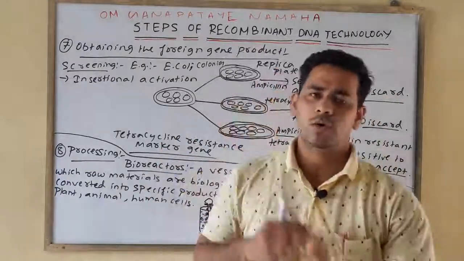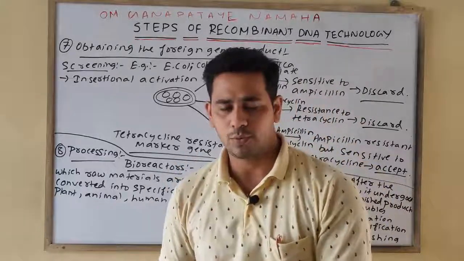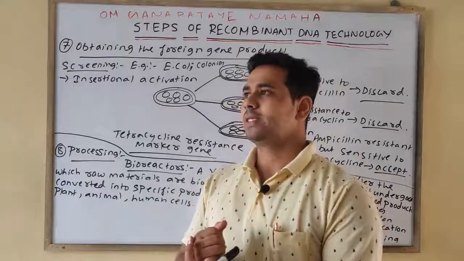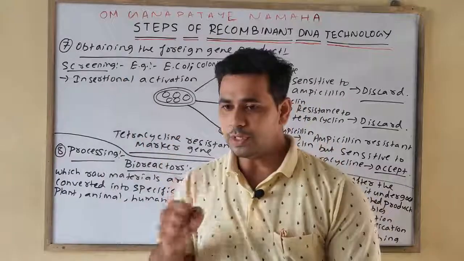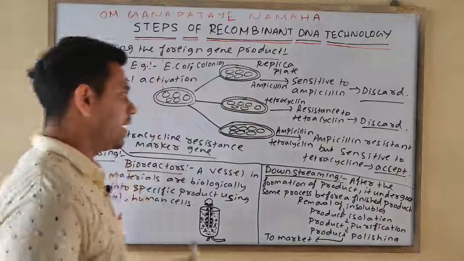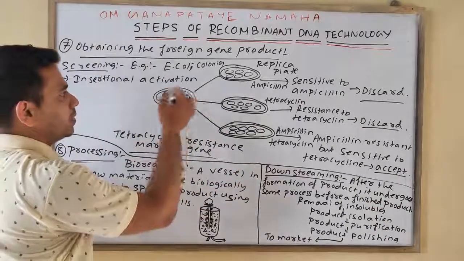We know that the host cell will replicate and so many host cells will be produced, so we should screen, do the screening process, to find in which our desired recombinant DNA is present. So how will we do that? For a common example, suppose we are taking E.